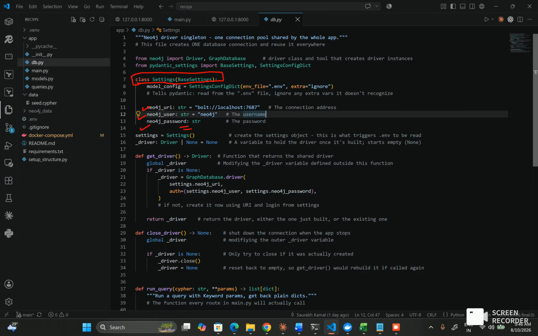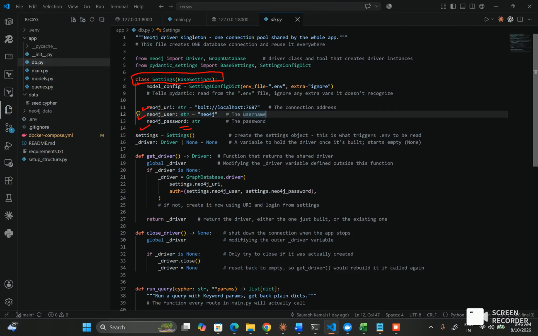Now, notice the password field over here. It has no default value written next to it. If .env is missing or the password isn't set, the whole app refuses to start and fails loudly right away instead of failing mysteriously later on or in the middle of handling someone's request.